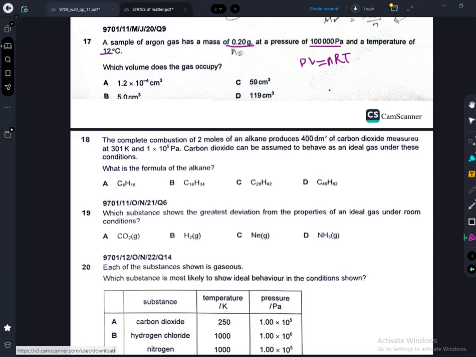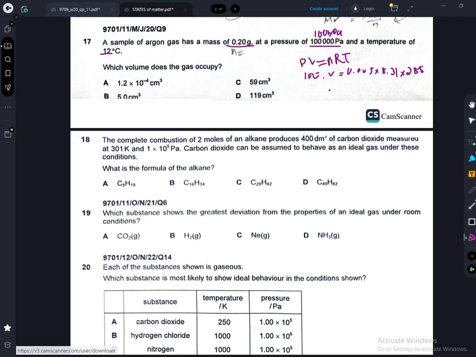So, what if we convert this into 100 kilopascal? And we will obviously get our answer in decimeter cube. And you multiply this by 1000. Now, let me do this question. PV is equal to nRT. We will take 100 kilopascal, 100 into volume, which is to be found, equals 0.20 of argon, so 0.20 divided by 40, which is Mr, 0.005, multiplied by 8.31 into temperature of 285 Kelvin.